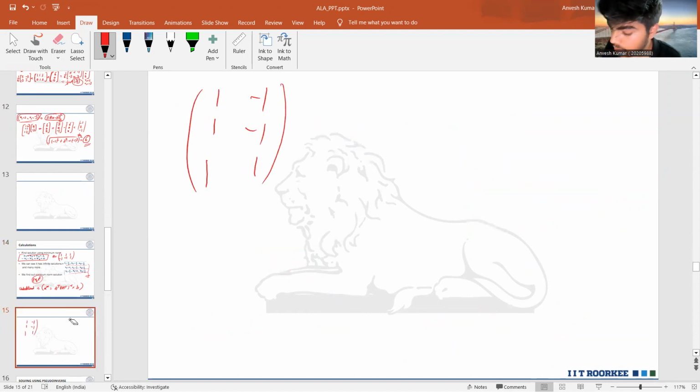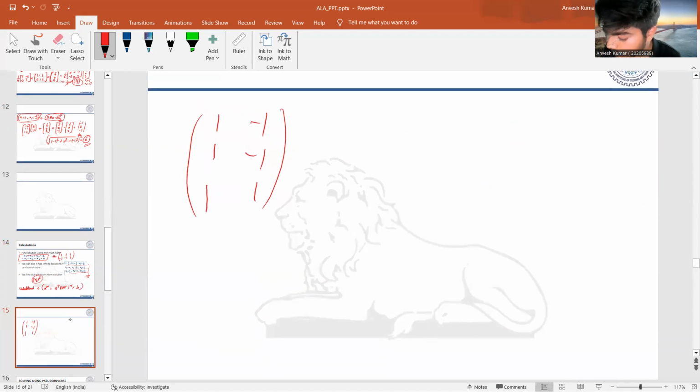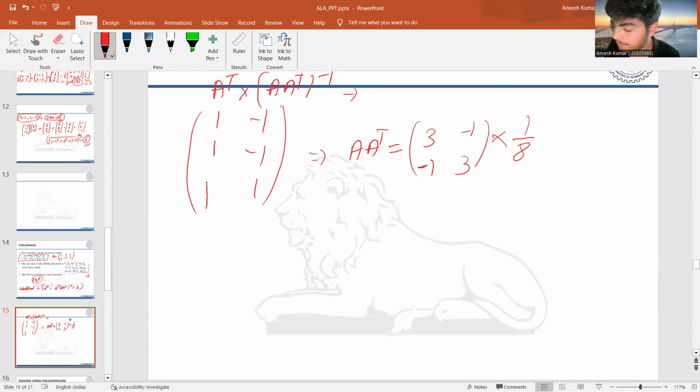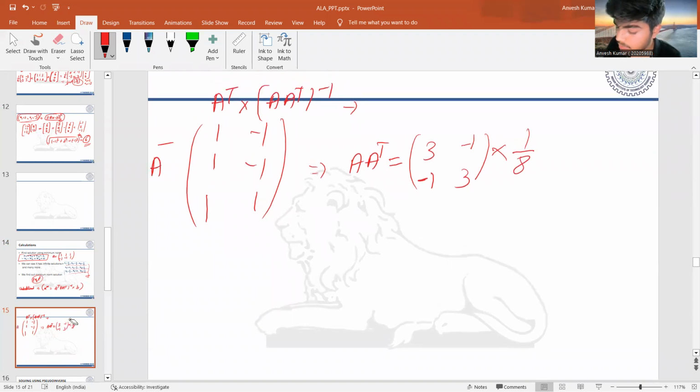This is our A transpose, and we have to calculate A A transpose inverse. So let's first calculate A A transpose. On calculating, this comes out to be 3, 3, minus 1, minus 1, multiplied by 1 upon the determinant. All right.